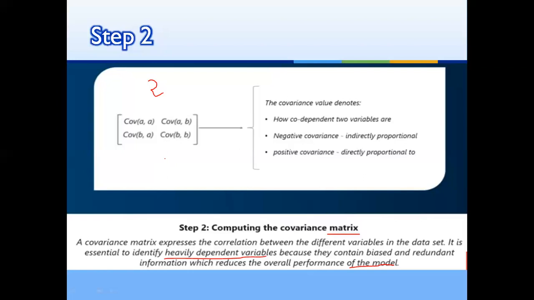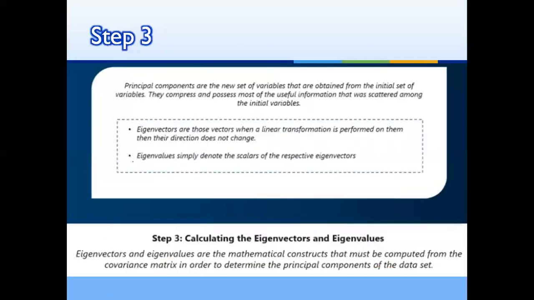Both are not important in the data set, one you can remove from the data set, right? So the covariance matrix will help you to find these highly correlated variables that we can remove from the data set, and also high variance features, right?